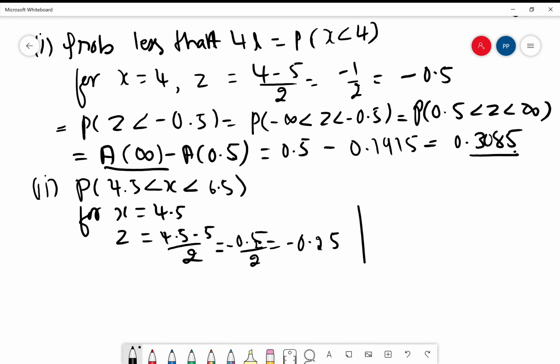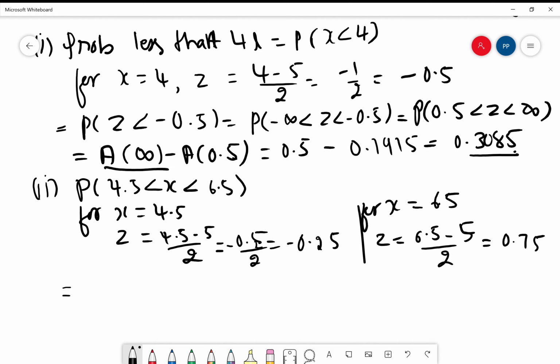Next, for x equals 6.5, what is z? z is 6.5 minus 5 by 2, that is 1.5 by 2, which equals 0.75. Now, therefore, this becomes P of minus 0.25 less than z less than 0.75.